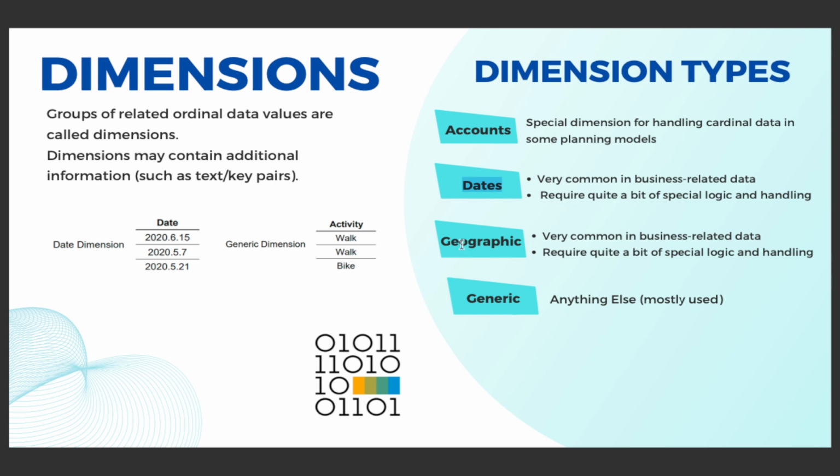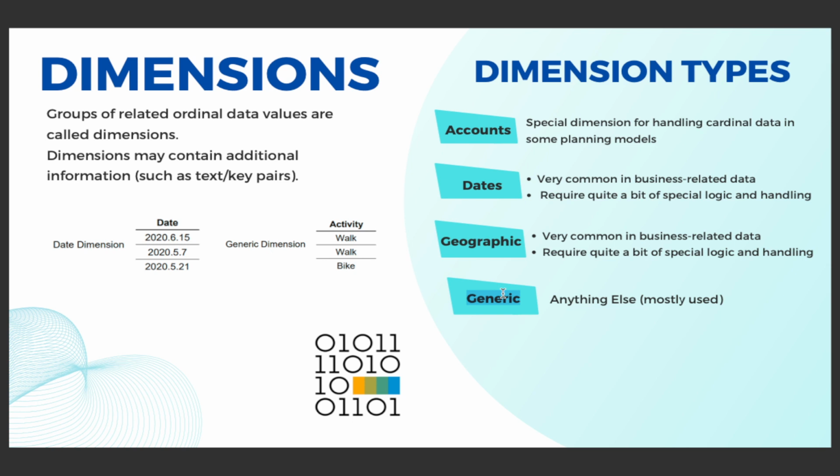And then we have geographic dimensions. In geographic dimension we add longitude, latitude for creating maps. When we will be creating maps, we will be seeing how we can add geographic dimension. And lastly we have generic dimensions. In generic dimension we can also add longitude, latitude, and then we can create maps.